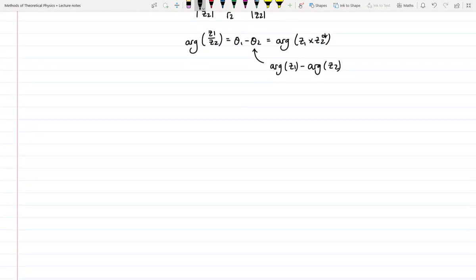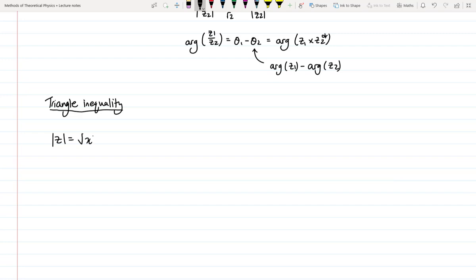Next, we're going to look at the triangle inequality. This is a very important relationship that's useful for establishing bounds. We begin by looking at the modulus of a complex number z.